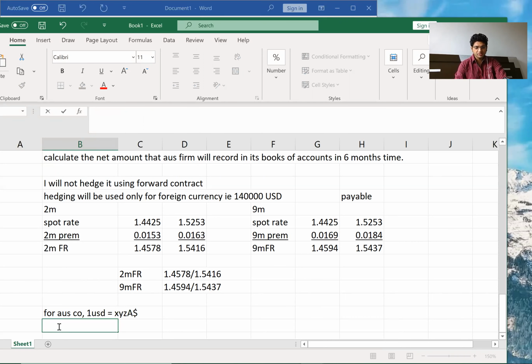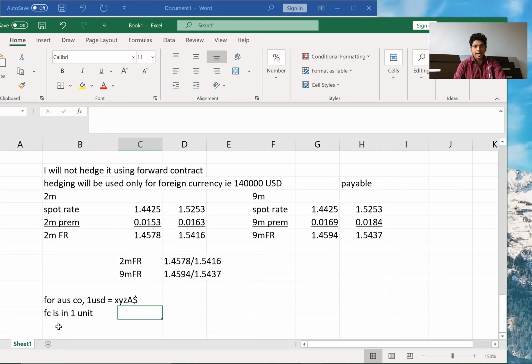Foreign currency is in 1 unit, so it becomes a direct quote.